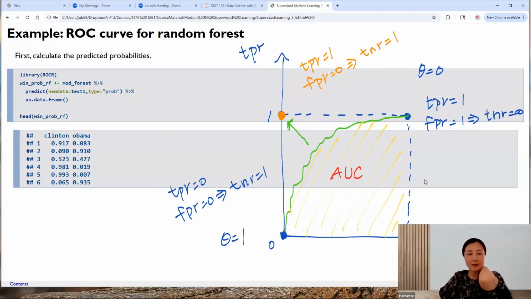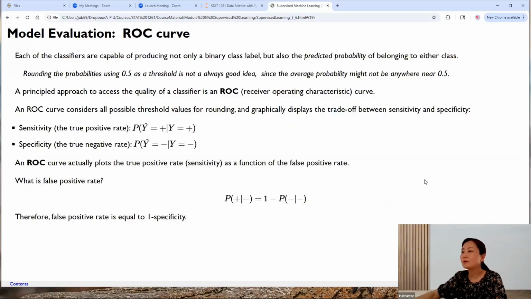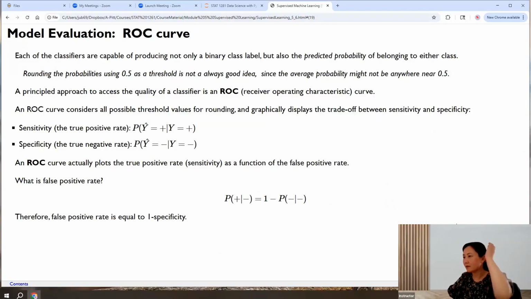So the larger the better, usually. Because the ROC curve considers all of the possible thresholds from 0 to 1, it provides a comprehensive metric for evaluating a model and also for comparing different models. All right, so now we're ready to see how to create ROC curves.